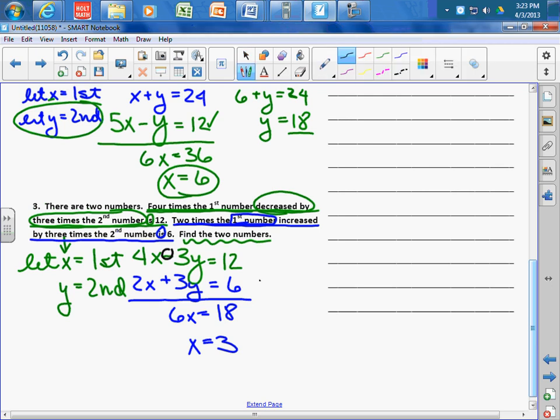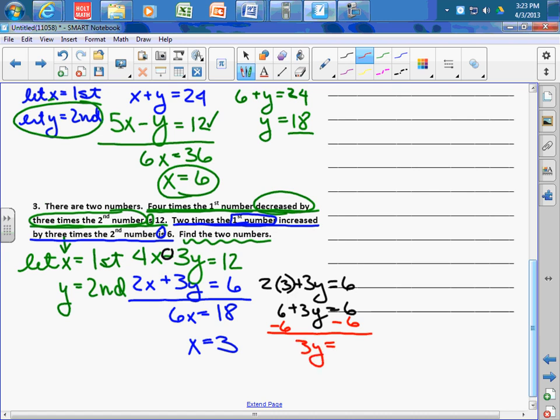So I'm going to take 2 times 3 plus 3y equals 6 and solve this equation. 6 plus 3y equals 6. Subtracting 6 from both sides. Oh, wait a minute. What's happening here? Something weird. Not really. Does that mean I don't get anything for y?